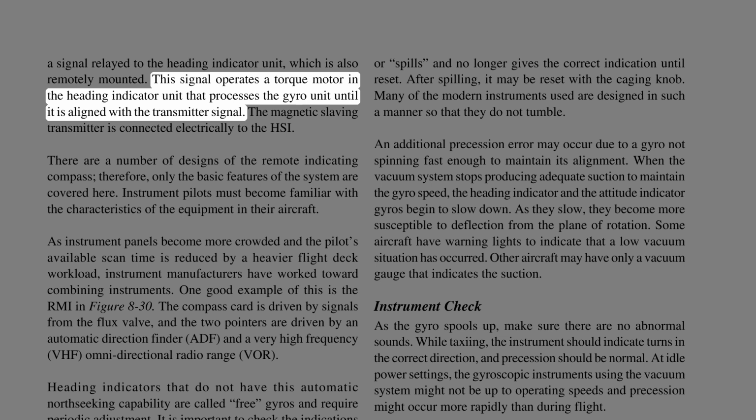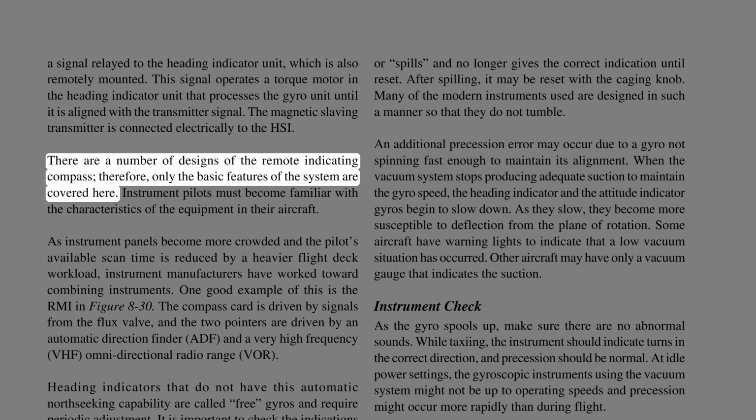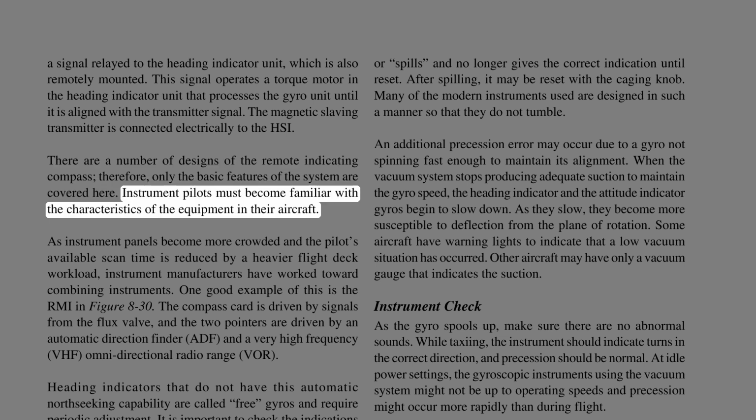This signal operates a torque motor in the heading indicator unit that processes the gyro unit until it is aligned with the transmitter signal. The magnetic slaving transmitter is connected electrically to the SHI. There are a number of designs of the remote indicating compass, therefore, only the basic features of the system are covered here. Instrument pilots must become familiar with the characteristics of the equipment in their aircraft.